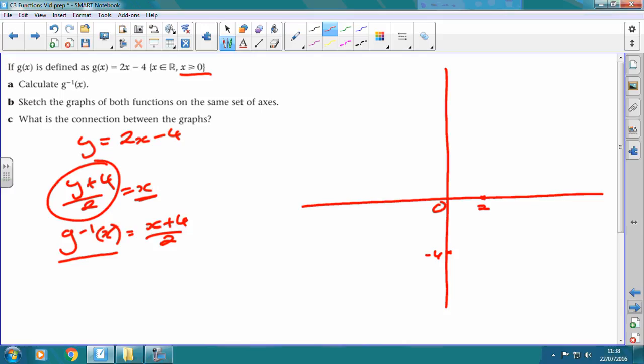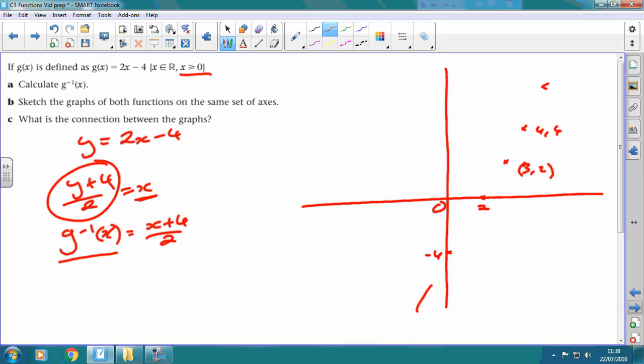When x is 3, y is 2. When x is 4, y is 4. And it'll go on like that.